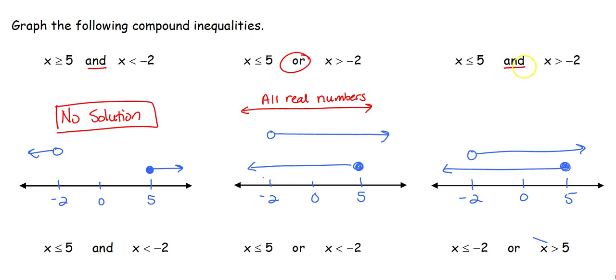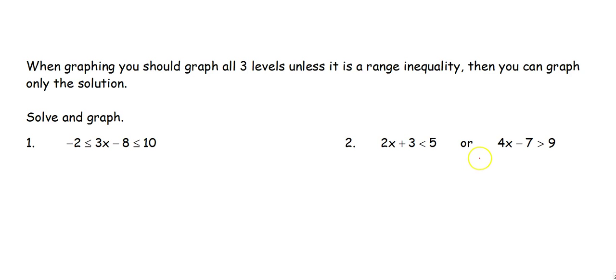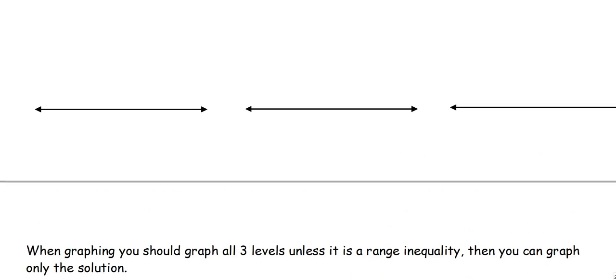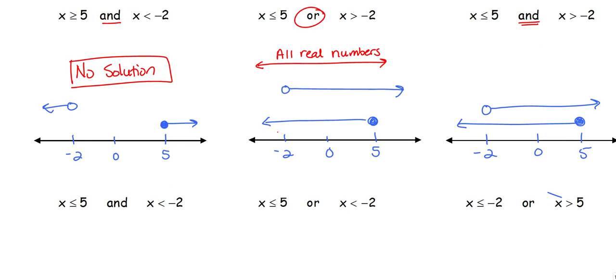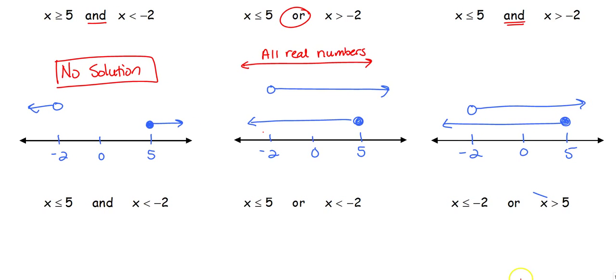Instead of an or, we have an and problem. So instead of combining those numbers together, we are going to look for what numbers do they both have? Where do they overlap? So my graphs are going to overlap right there.